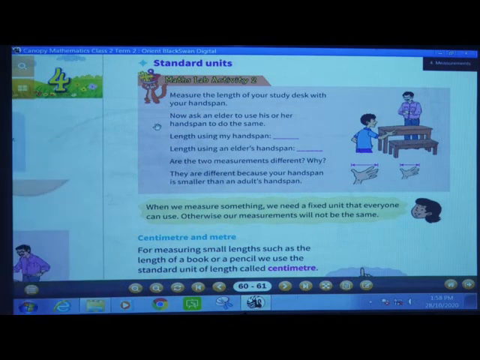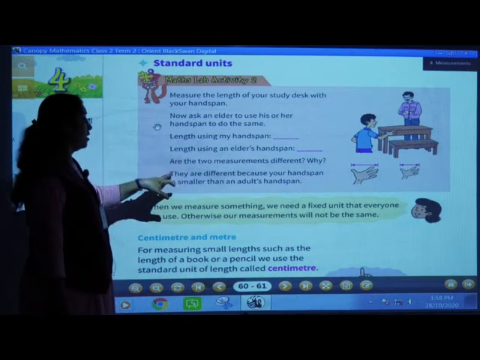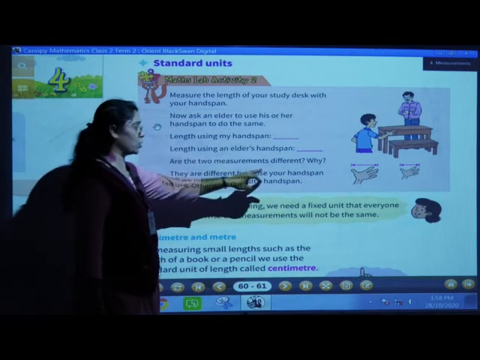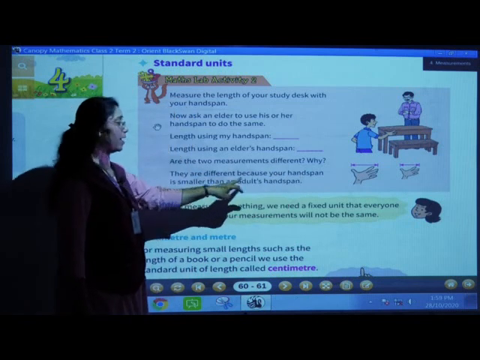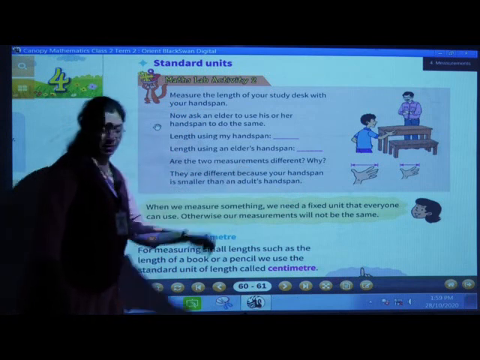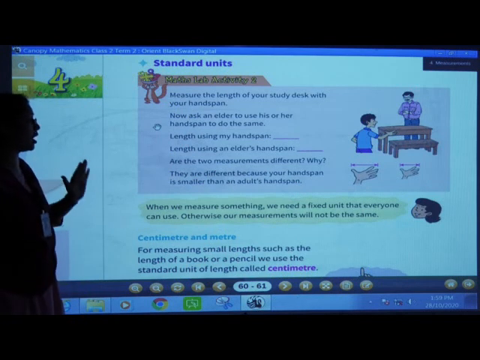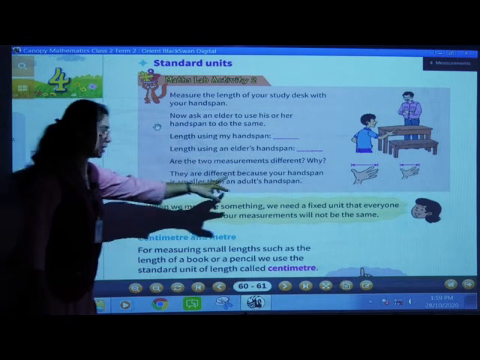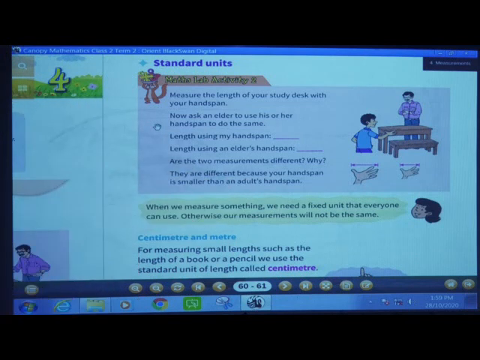Are the two measurements different? Yes. Why? They are different because your handspan is smaller than an elder's handspan.